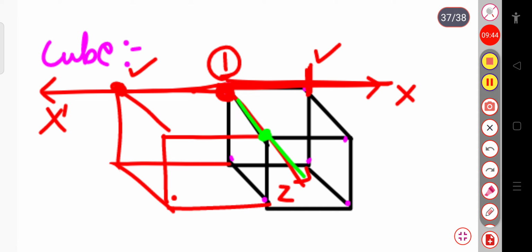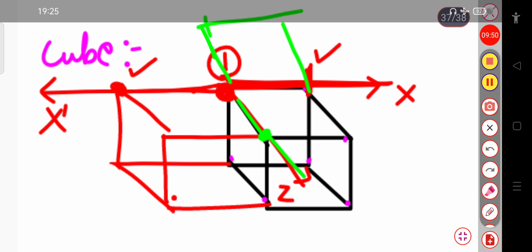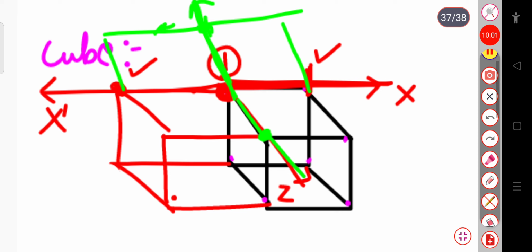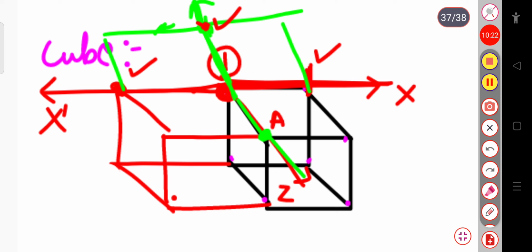Similarly, if I draw another cube on the back side of this unit cell, just like this, then along this z prime axis, the atom present here, let me change the color so that you can distinguish, at this point on the z prime axis, this is also the nearest neighbor. Here I will name them A, B, this one is C, and this one is D. So there are 4.